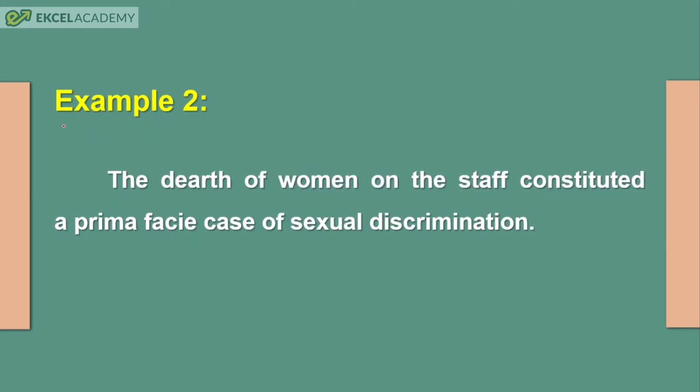Let's see example number 2 for better understanding. The dearth of women on the staff constituted a prima facie case of sexual discrimination. The number of women employees and the number of male employees. If you consider the total number, if the male number is more than that of the female, it shows a prima facie.